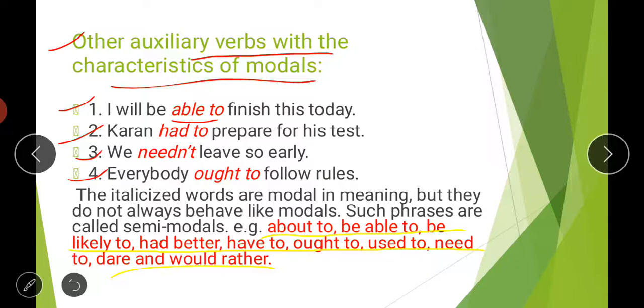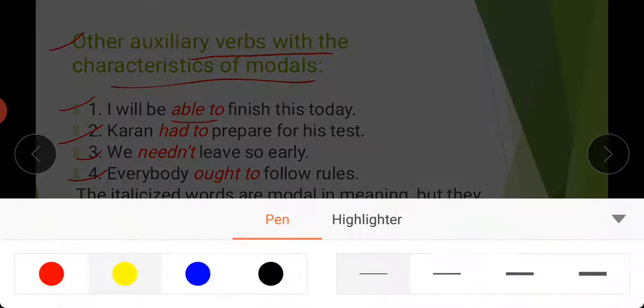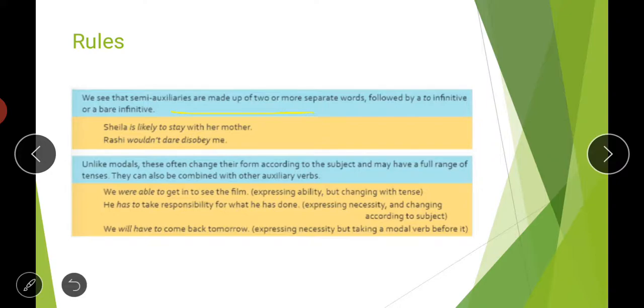So it's a combination of two or more separate words followed by a to-infinitive or a bare infinitive. For example, Sheila is likely to stay with her mother. Rashi wouldn't dare disobey me. So here, to-infinitive means the word to, and bare infinitive like dare or need not are called your bare infinitives.